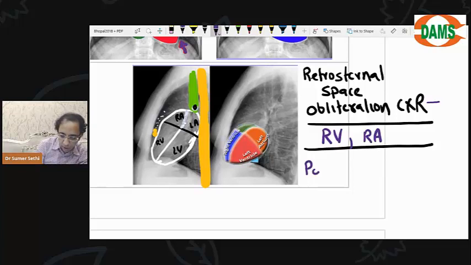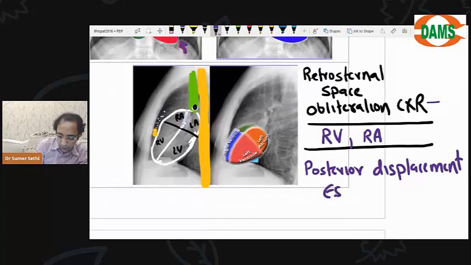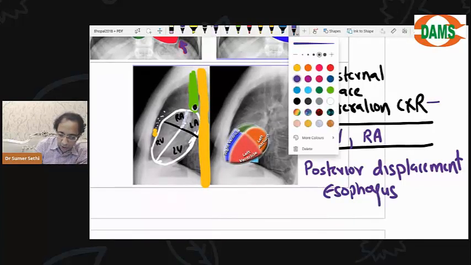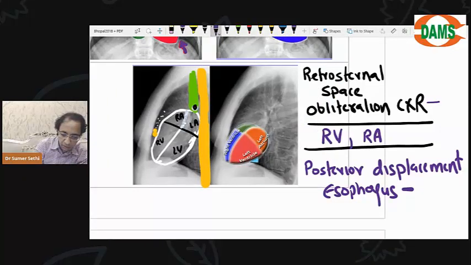Okay, anybody? Posterior displacement of esophagus will be caused by... So if they ask you this, it's very simple. Esophagus पीछे की तरफ है, पीछे की तरफ तो left atrium है. Okay, so it is due to left atrial enlargement.